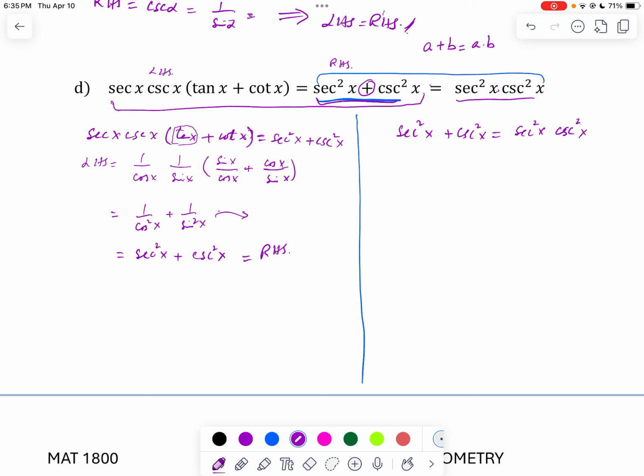Again, I will start with the left hand side. So what can I do with this? How can I show that this converts to multiplication? I cannot directly do that. So let's try to convert it back to cosine and sine.